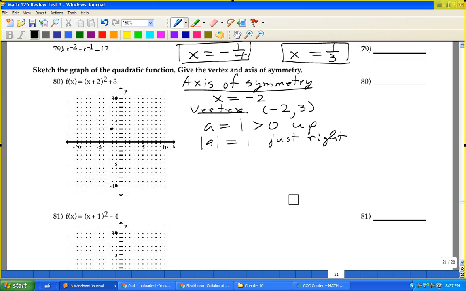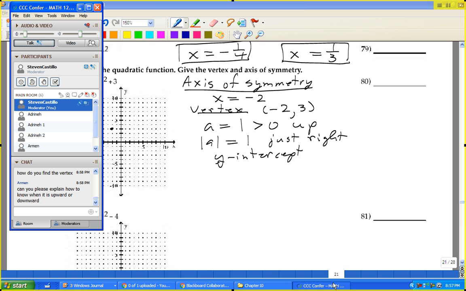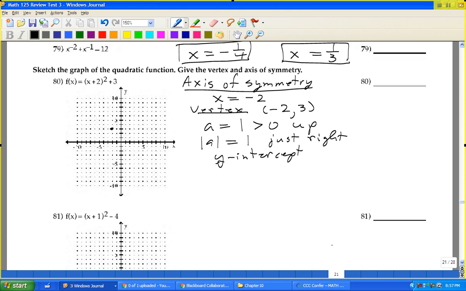And notice that the y-intercept, found by, oh, right. Okay, so if the number in front of the square term is positive, it goes up. Notice the number in front of the square term is just 1. So there's nothing out here in front.